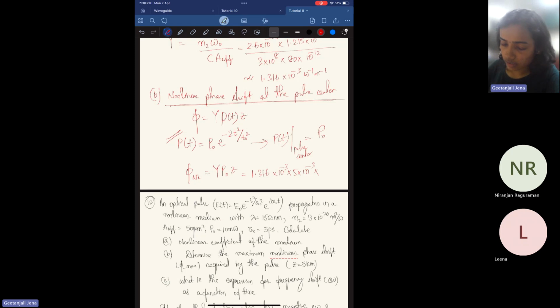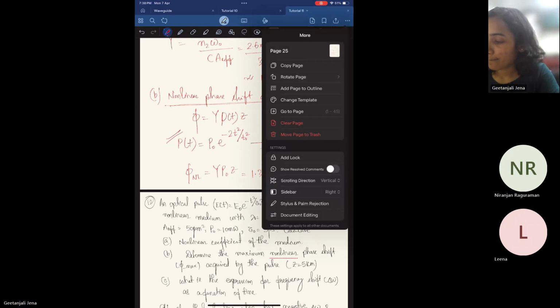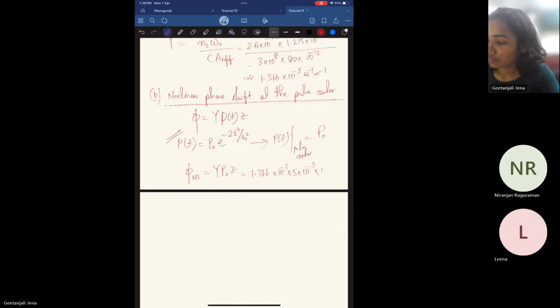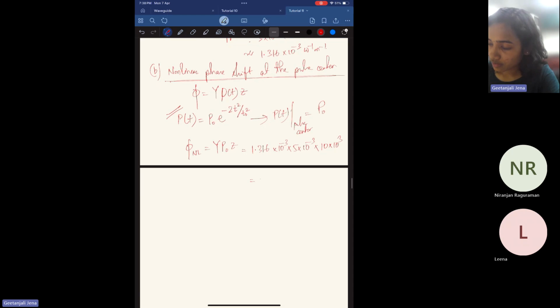And z is 10 kilometer. So the phase shift will be 6.58 into 10 to the minus 3. So this is the phase shift at the pulse center.